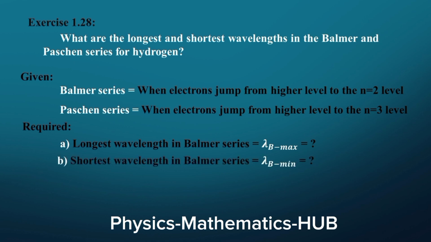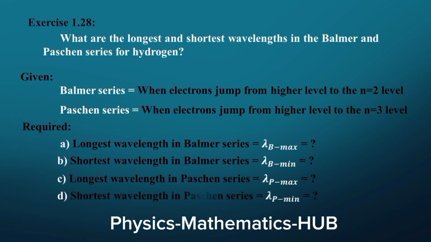Similarly, the shortest wavelength in Balmer series is represented by lambda B minimum, and the longest wavelength in Paschen series, lambda P maximum, and the shortest wavelength in Paschen series, lambda P minimum.